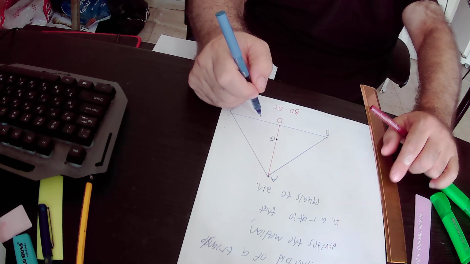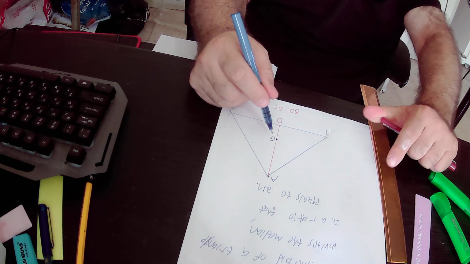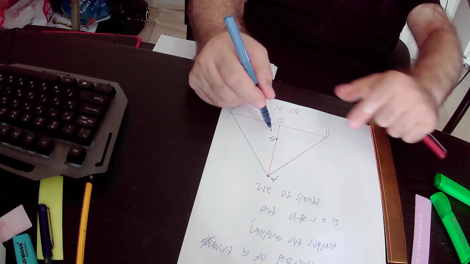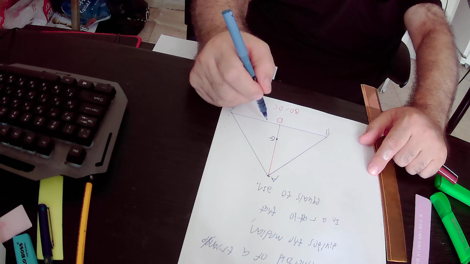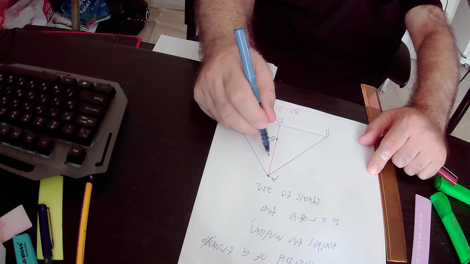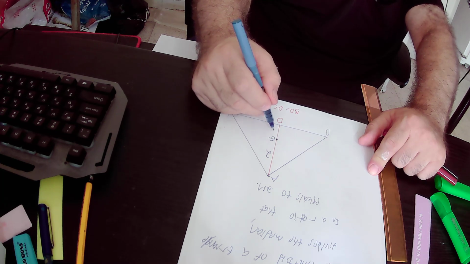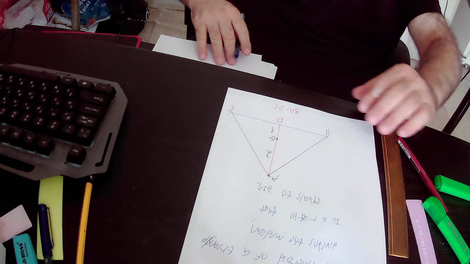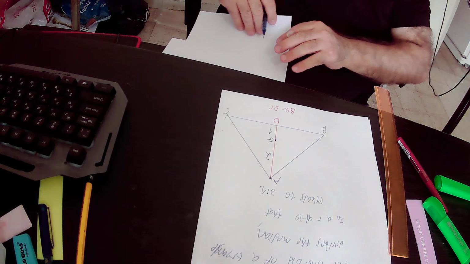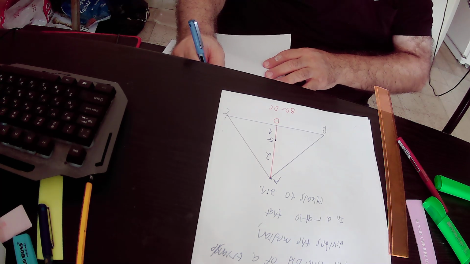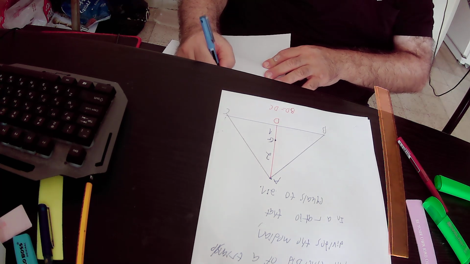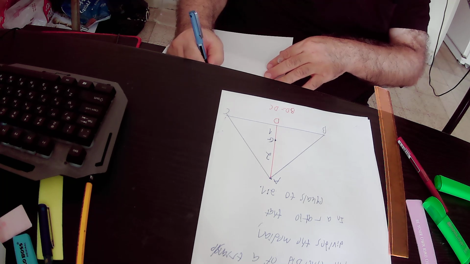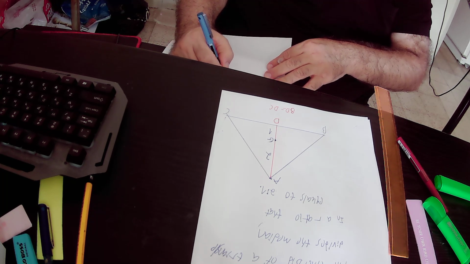Then, according to rule number 1, the centroid G divides AD in a ratio that equals 2 to 1. That is to say, if AG equals 2 units, then GD will be equal to 1 unit.